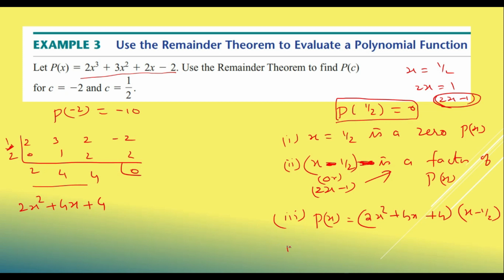Okay. And the fourth point is this x value, x is half when the y value is 0, is an x-intercept of the function p of x.